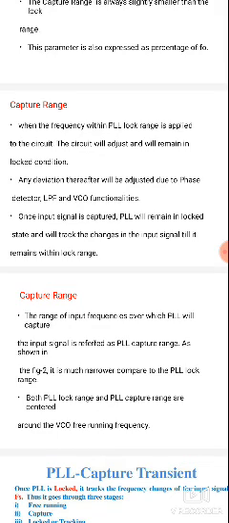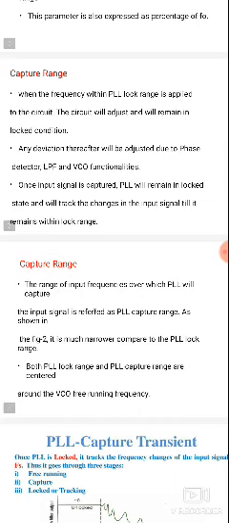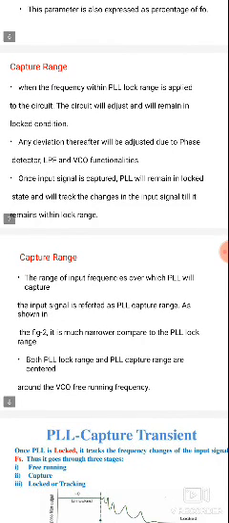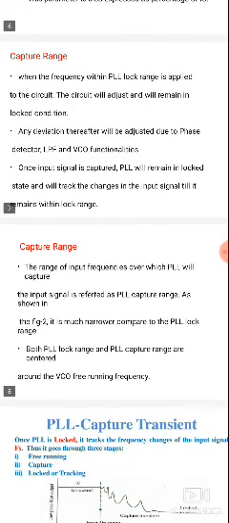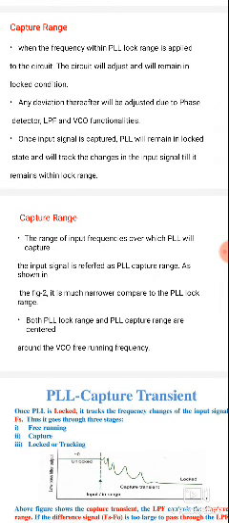If there is any deviation or change in the phase detector, low pass filter or VCO functionalities, once the input signal is captured, the PLL will remain in locked state and will track the changes in the input signal, as long as it remains within the lock range. So the PLL can observe lock range values.